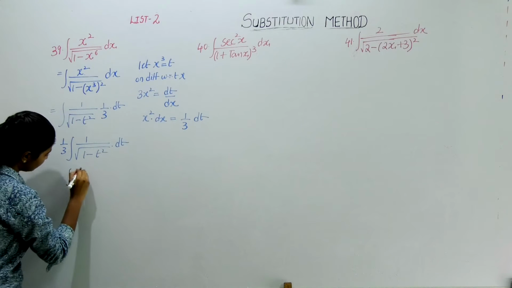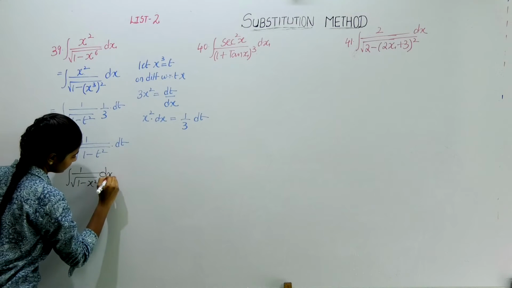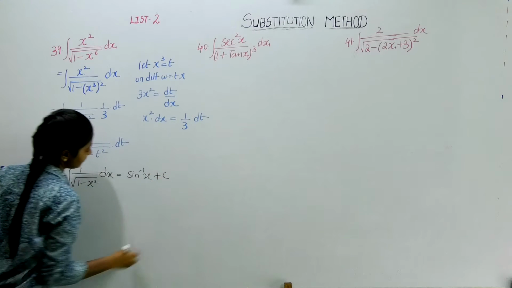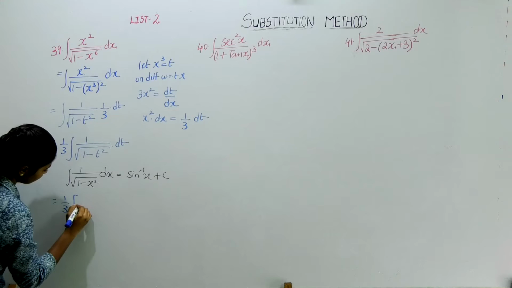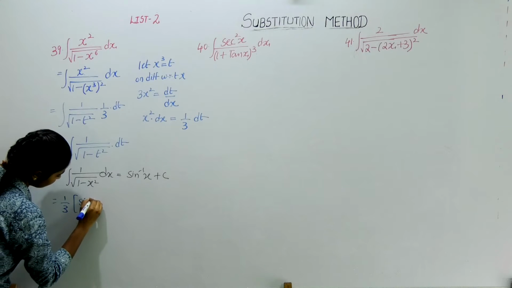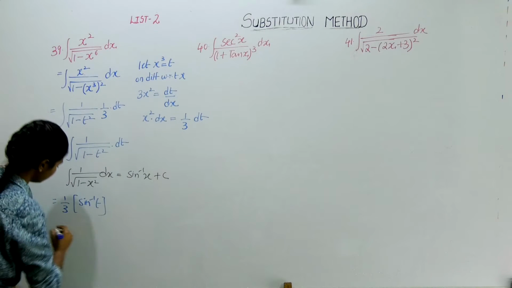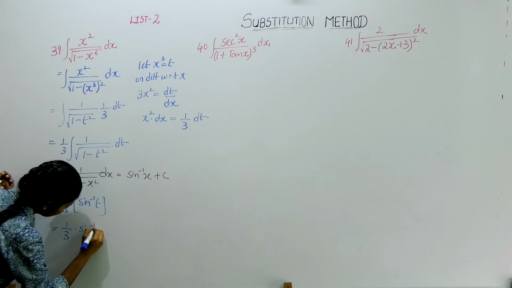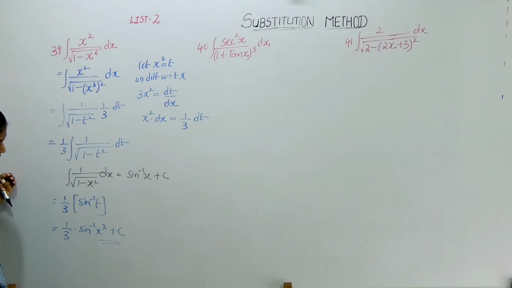This is in the form of integral 1 by square root of 1 minus x square dx is equal to sine inverse of x plus c. And we substitute the formula, we get 1 by 3 sine inverse of t. What is the value of t? x cube. 1 by 3 into sine inverse of x cube plus c. This is the final answer.